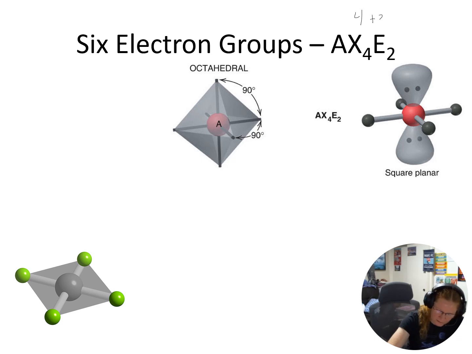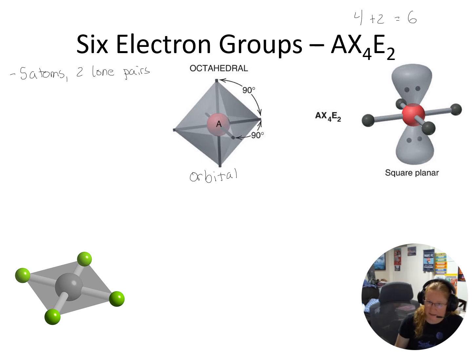4 bonding, 2 lone pairs, total of 6 still. I have a central and 4 surrounding, so I have 5 atoms, 2 lone pairs. And so my orbital geometry is still octahedral because I still have 6 groups, and my molecular geometry, that shape, is square planar.